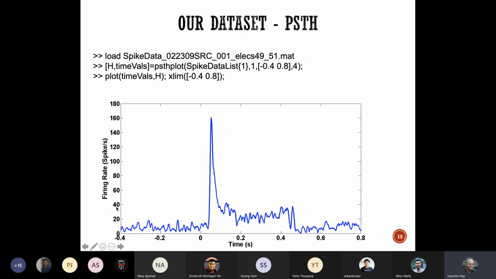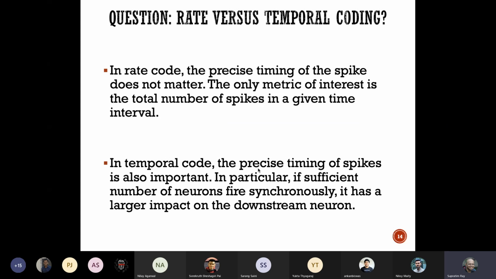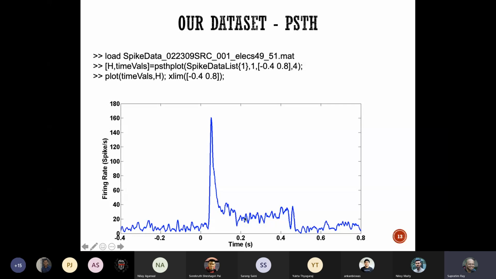I can make this question very precise, and for this more precise question, there is a very clear difference between a rate and a temporal code. The precise question is: in this 200 millisecond window, is the number of spikes, irrespective of where they occur, the thing that carries information, or are the precise timings of the action potentials within this interval also carrying information?